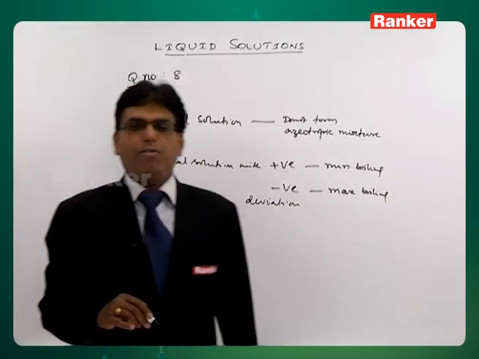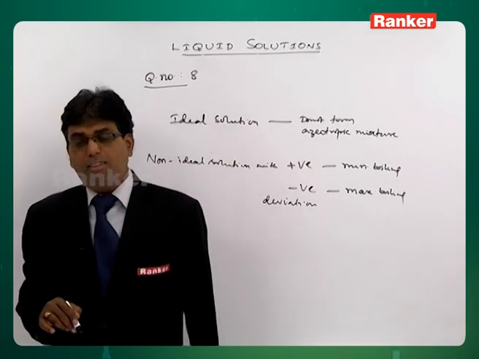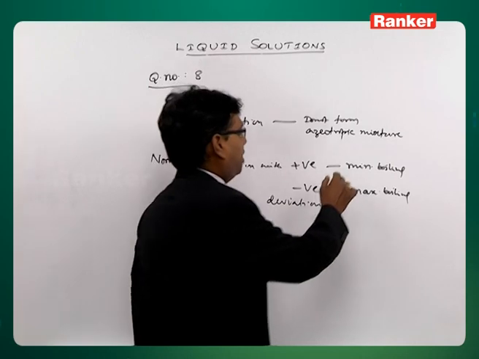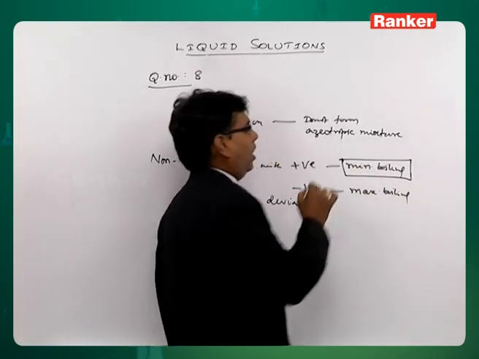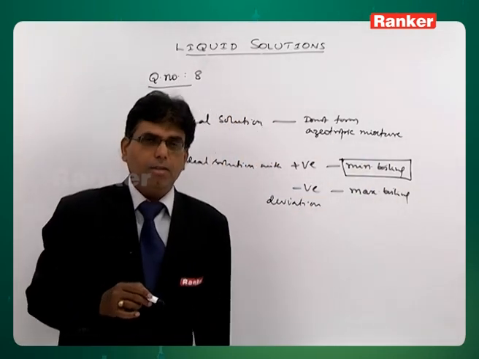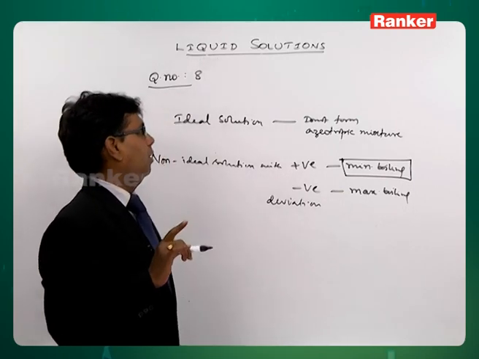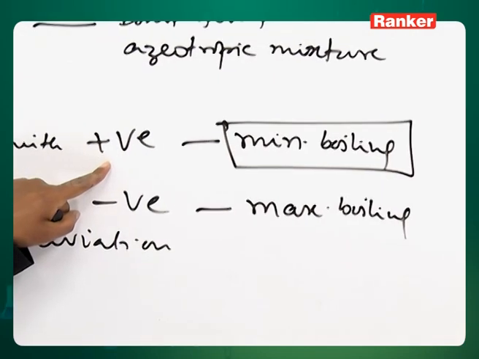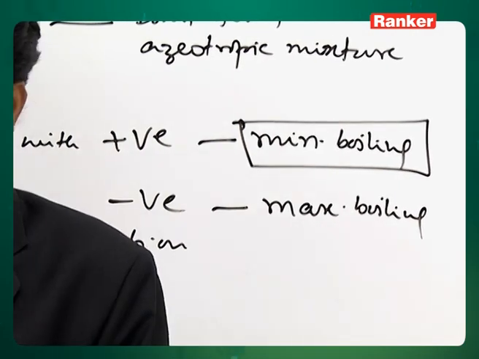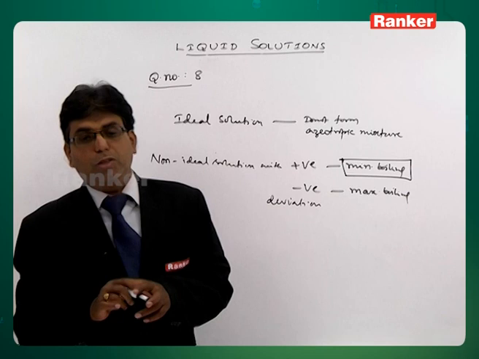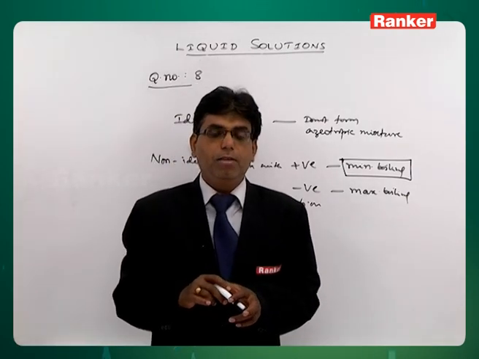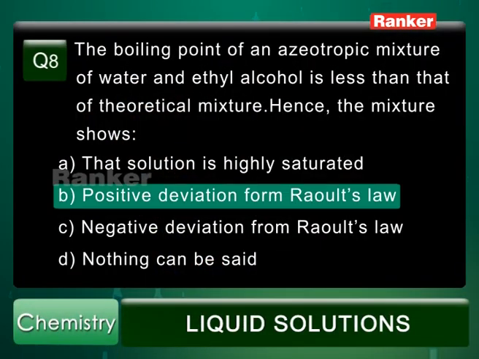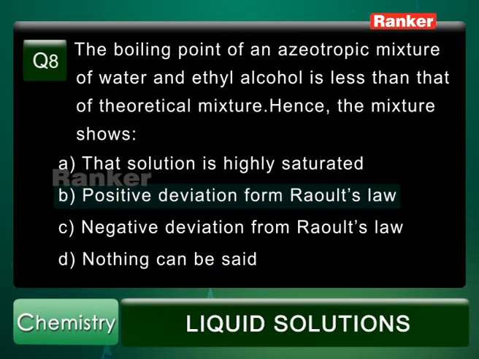And in our given question, the water and ethyl alcohol mixture has a lesser boiling point. Lesser boiling point means a low boiling or minimum boiling azeotrope, which is formed by a non-ideal solution with positive deviation. So, positive deviation from Raoult's law, that is positive deviation from ideal behavior, should be the correct answer. So, the correct option is option B.